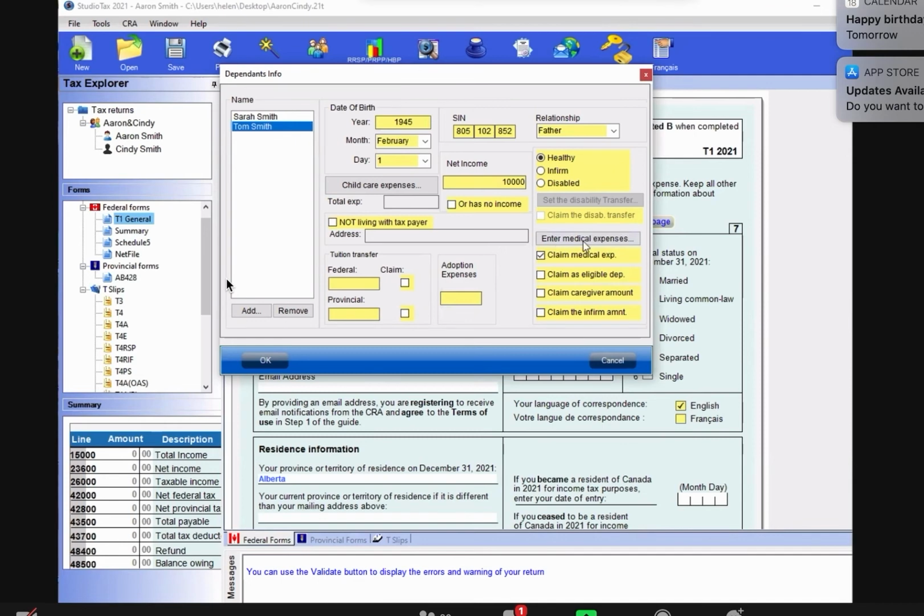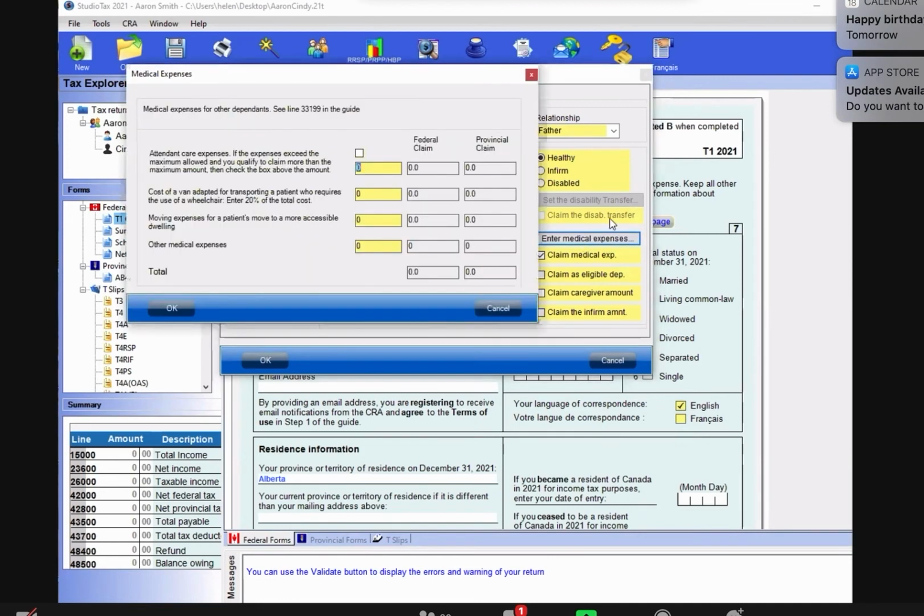Everybody see my mouse arrow? Yes, ma'am. Okay, you click on here. What you click on here is you put other medical expenses here. That's other medical expenses because up there there's different attendant care, the cost of attendant transportation or something, which is not, okay?